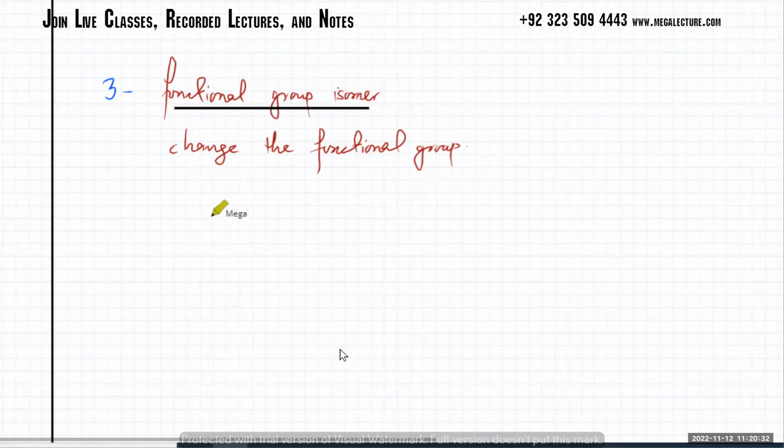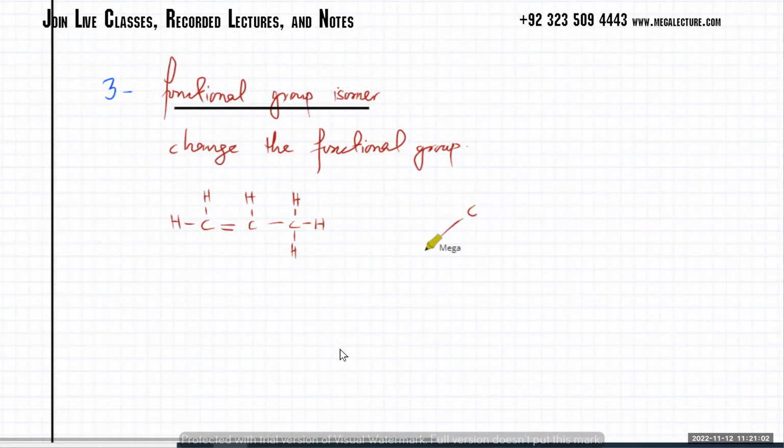For example, alkenes and cycloalkanes. If I have an alkene like propene, ठीक है, and there's a double bond here, this molecule will have an isomer which is going to be an alkane.